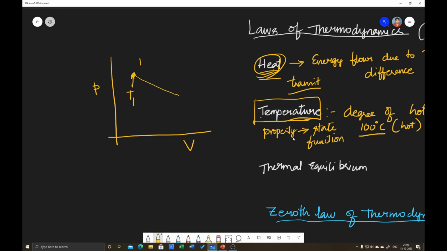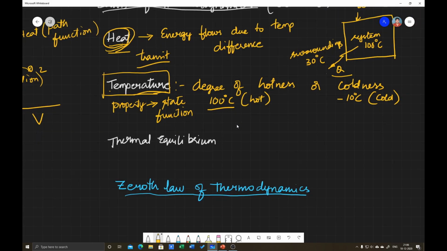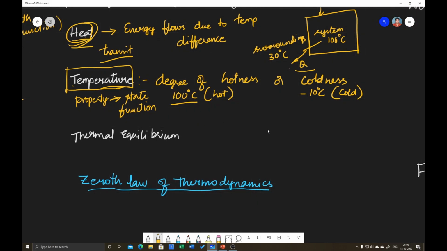If this system follows a path and changes its state to 2, by assuming this path we can calculate the heat. That is why heat is a path function, whereas temperature is a state function or point function. Heat and temperature are closely related, but yet they are very different from each other.